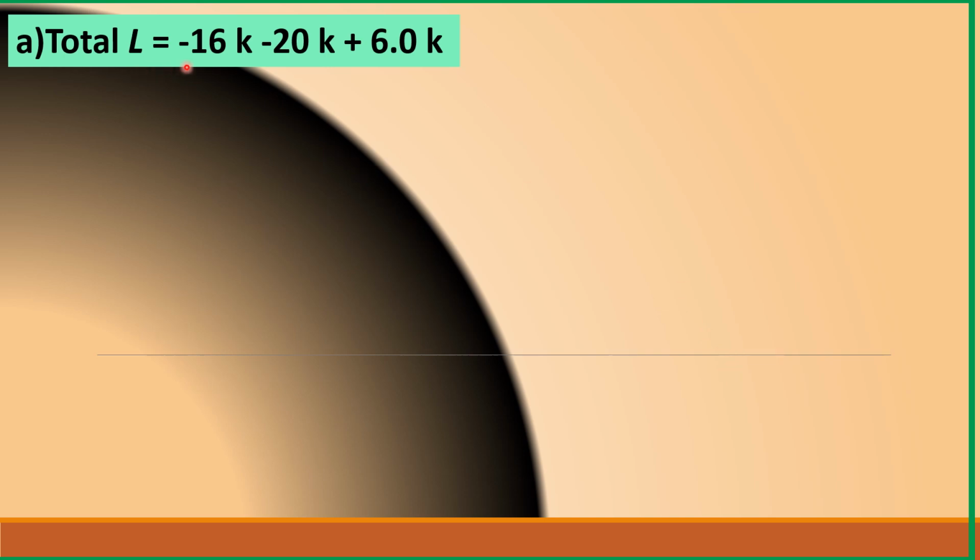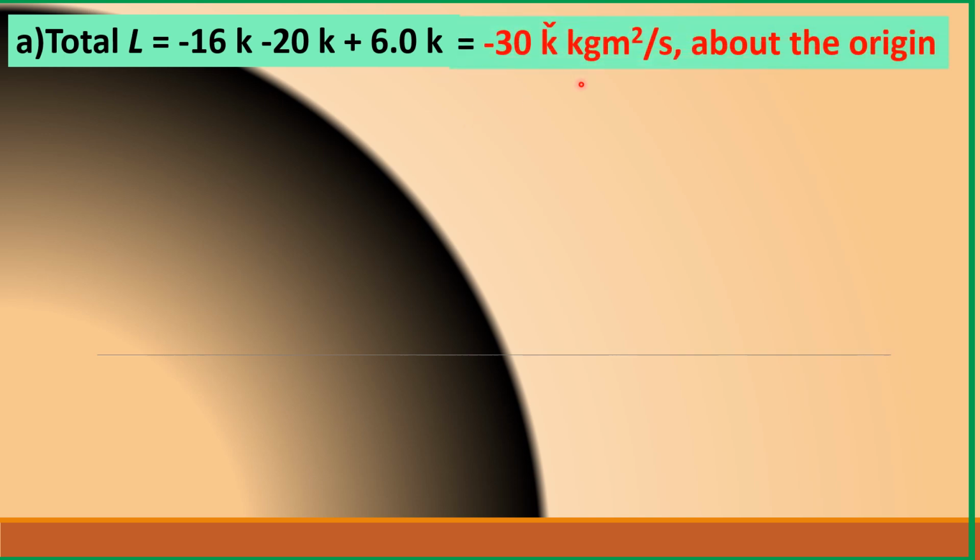That is, total angular momentum, capital L, is just equal to negative 16k minus 20k plus 6.0k, and we get the answer equal to negative 30k, the unit of which is kilogram meter squared per second. And this is about the origin.